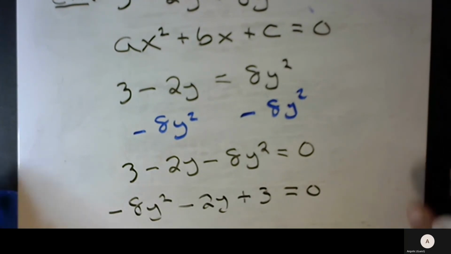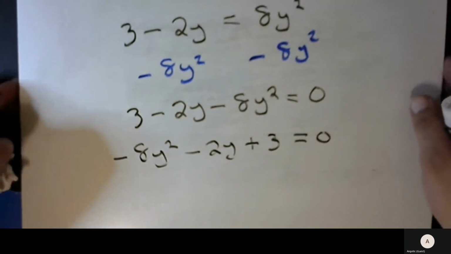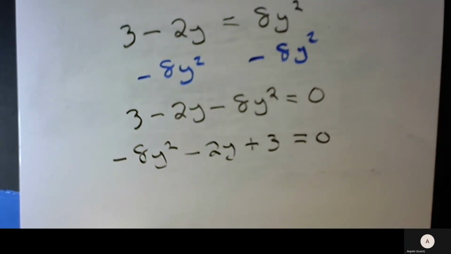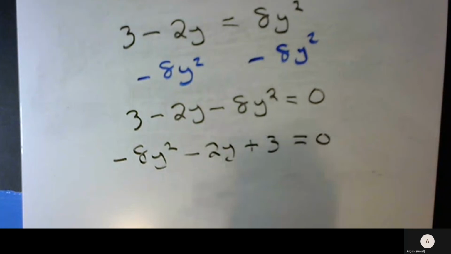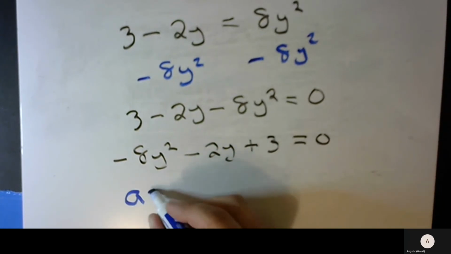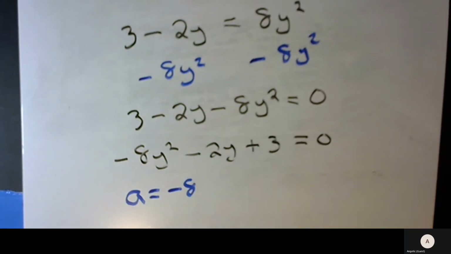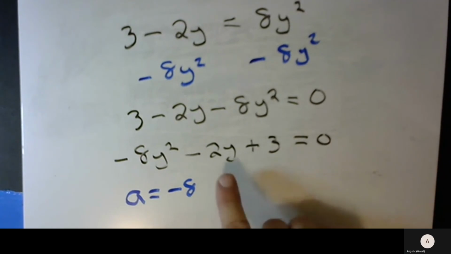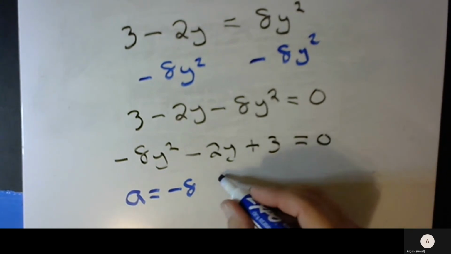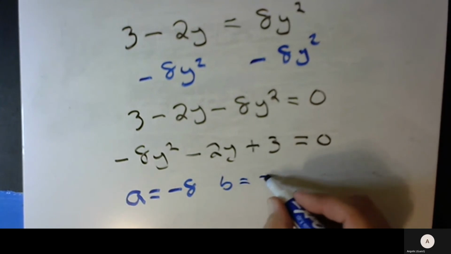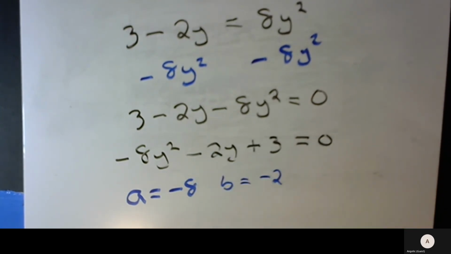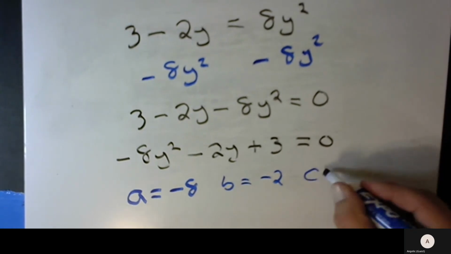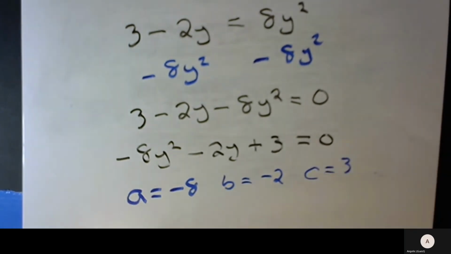We're all right. So now we want to identify the a, the b, and the c. Well, what's in front of y squared? That's going to be that a. In this case, it's a negative 8. In front of y, that's our b, and it's also going to be negative 2. The number will take the sign with it. And then c is positive 3.